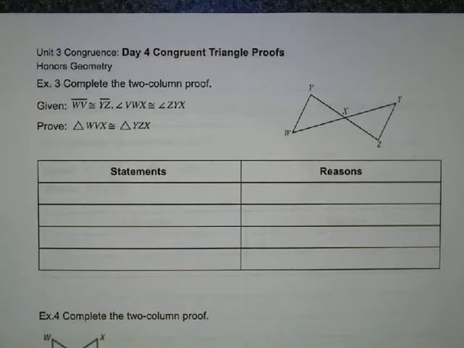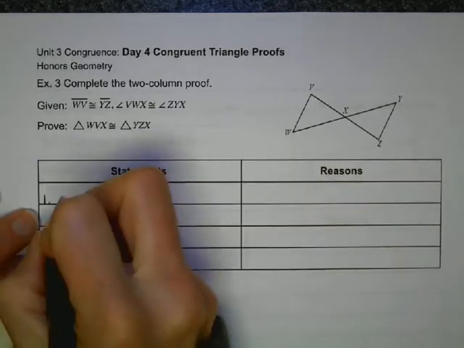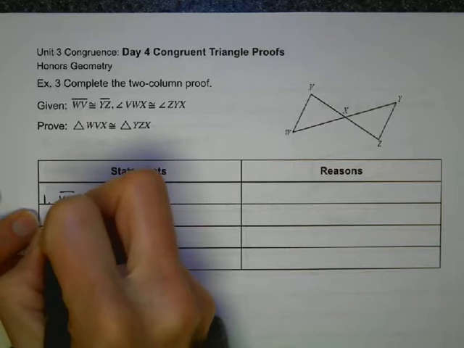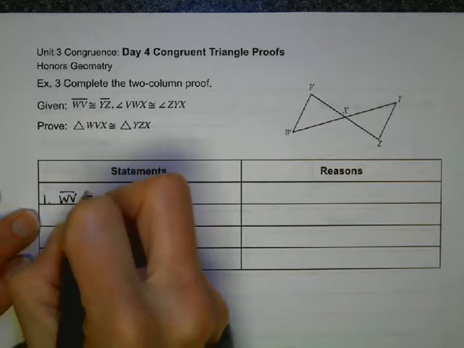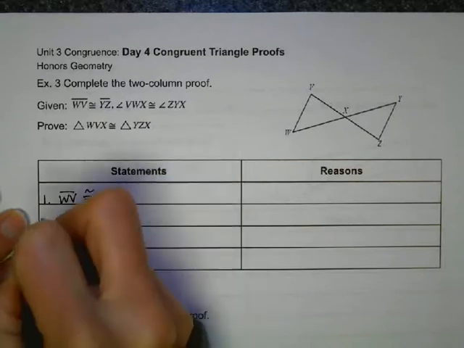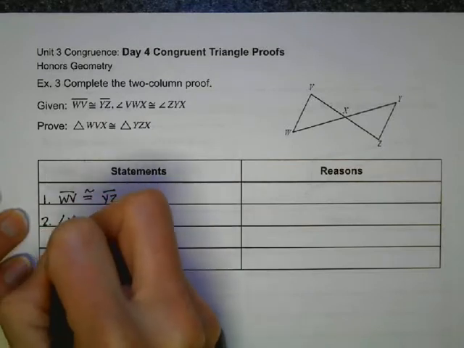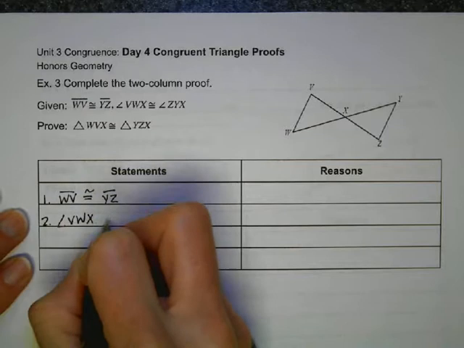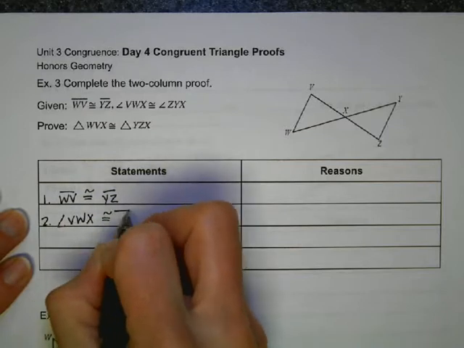Example 3, we're going to write down our givens. Again, you can put it on one line, you can put it on separate lines. Oops, that's supposed to be an angle.